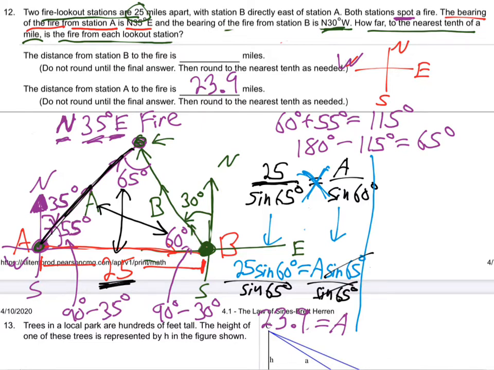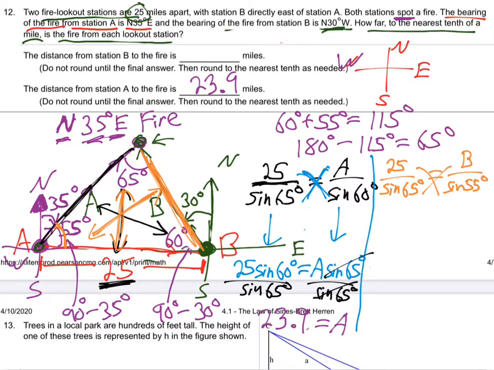So for B, same sort of deal. For B, we're going to do these two again because they're the main two. 25 over the sine of 65, that side and the angle across from it, equals, and now I'm going to do B. B is this side, how far B is from the fire, and the angle across from B, which is 55. So B over the sine of 55.